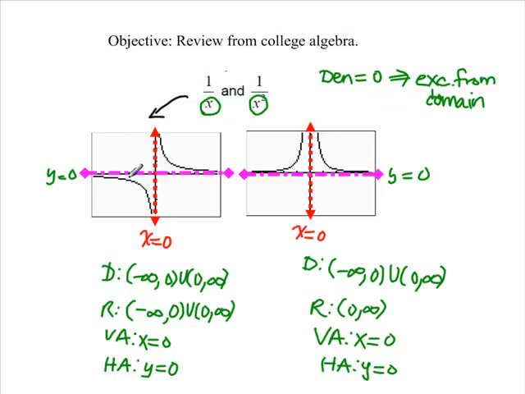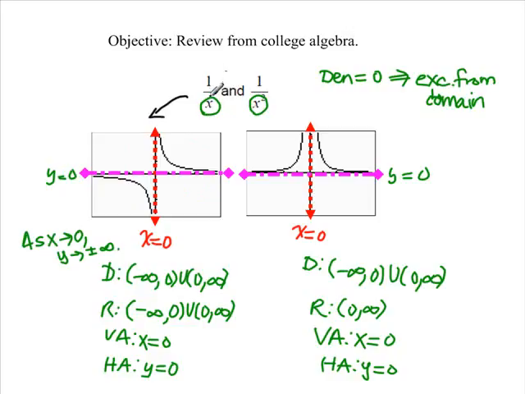So just to remind you, as we go to 0 from the left and right, notice that the graph is going off to positive or negative infinity. So we would say as x is going to 0, y is going off to positive or negative infinity. But what happens as we get larger and larger and larger?